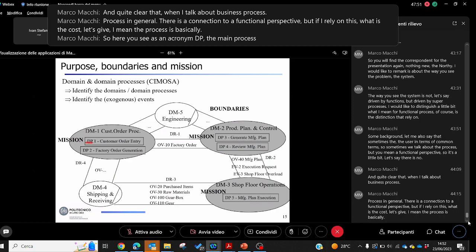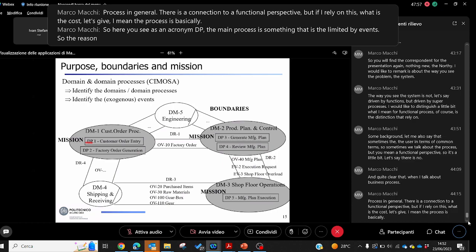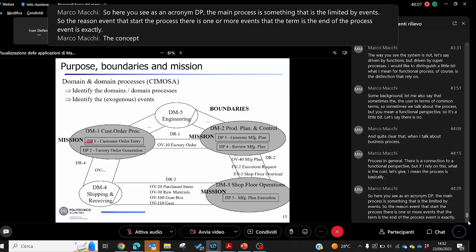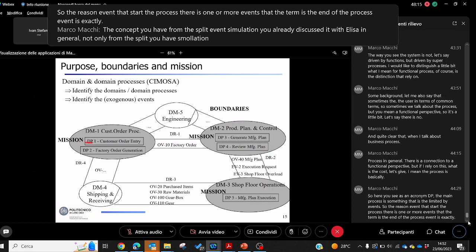A process is something that is delimited by events. So there is an event that starts the process. There is one or more events that determines the end of the process. Event is exactly the concept you have from discrete event simulation. We already discussed it with Elisa. It comes from, in general, not only from discrete event simulation, but discrete theory, discretization of a system.